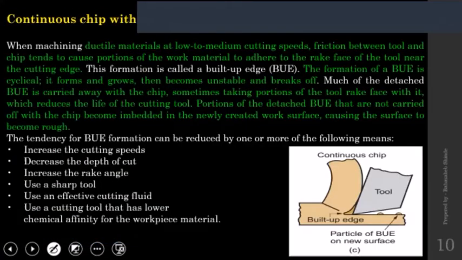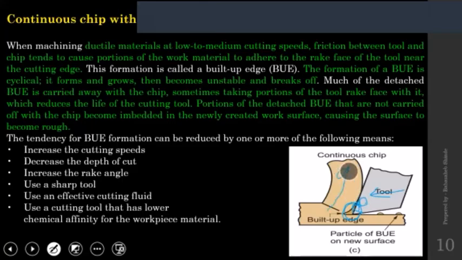Second, continuous with built-up edge. So when do we get a continuous with built-up edge chip, or what is meant by a built-up edge chip? Built-up edge chip is when you start removing material, somewhere here, the material will start sticking to the cutting tool.